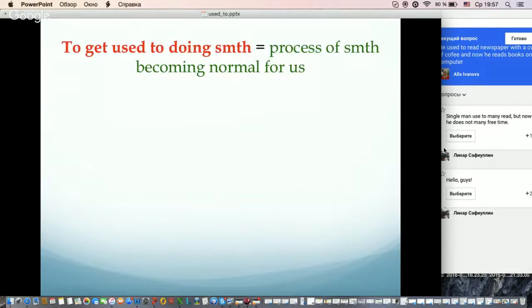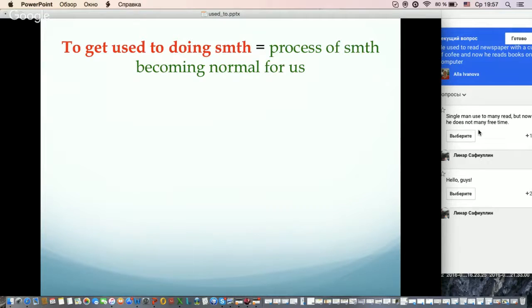Okay, I've received one more answer. The single man used to read a lot, but now he doesn't have a lot of free time. This way you can say this thing. Okay, so to get used to doing something, то есть привыкнуть к чему-то. If we say to get used to doing something, then we mean the process of something becoming normal for us.